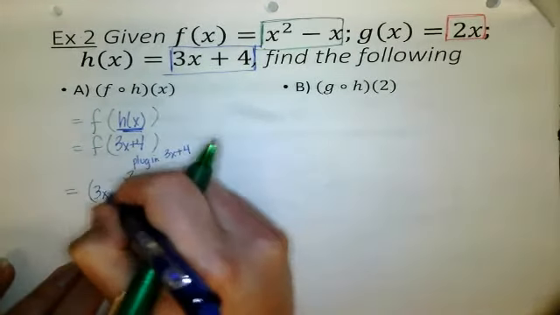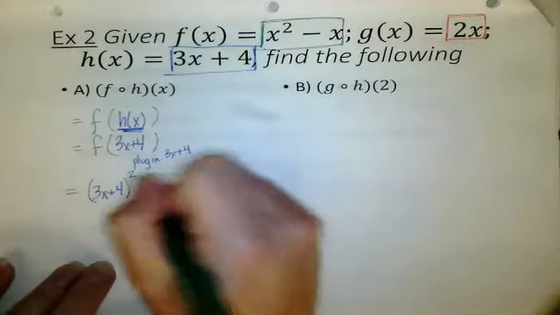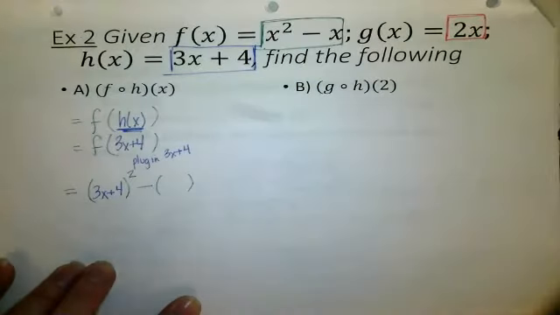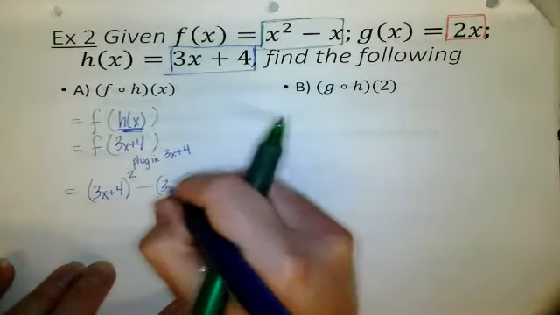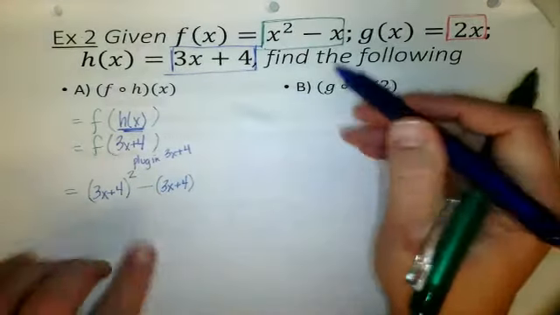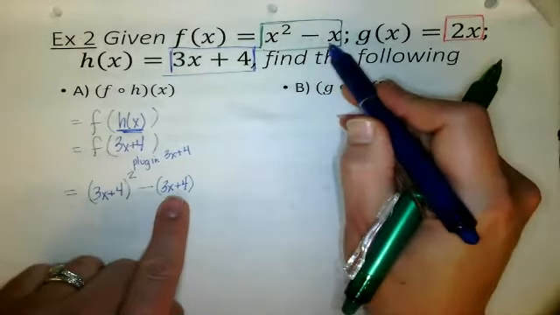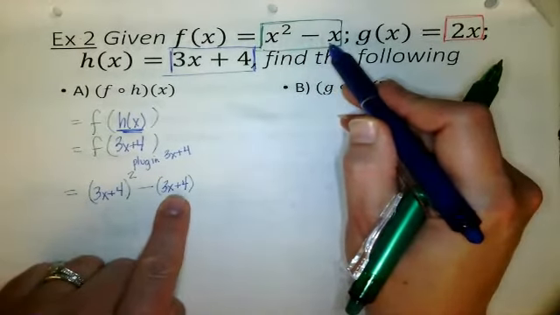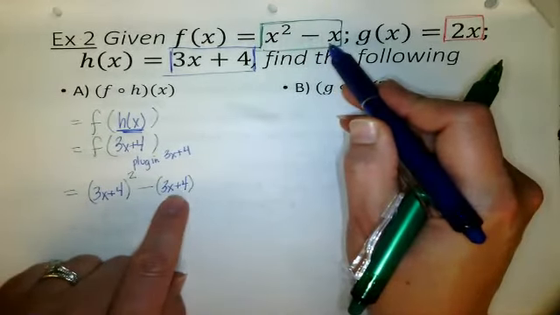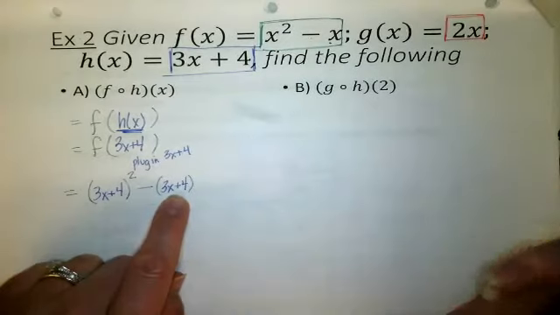Good. 3x plus 4 quantity squared minus parentheses 3x plus 4. Very good. That's pretty tricky because we are subtracting that whole big thing. Anytime you subtract, you want to make sure you put parentheses around it.